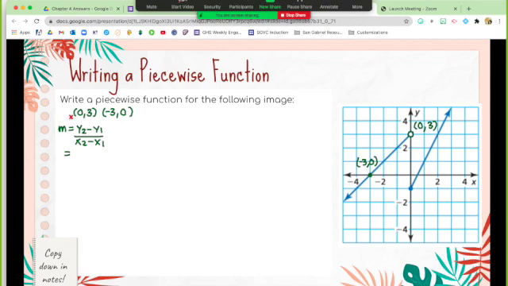This will be my x1 value, this will be my y1 value, this will be my x2 value, and this will be my y2 value. So I'm going to substitute into my formula. When I do that, I get 0 minus 3 divided by -3 minus 0. And that's going to equal -3 divided by -3, which equals +1.